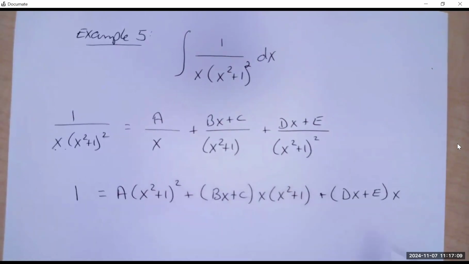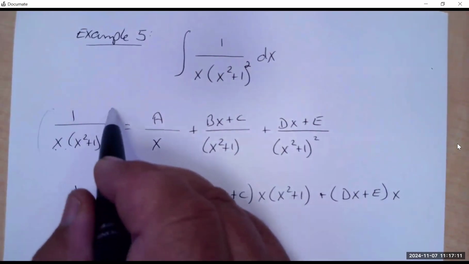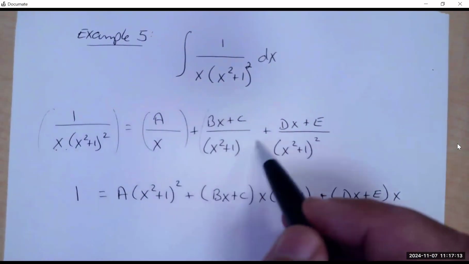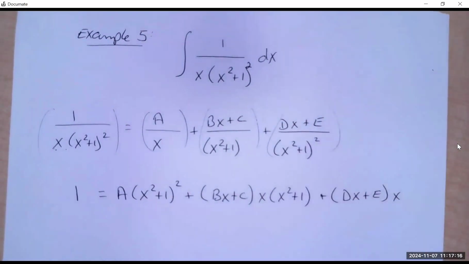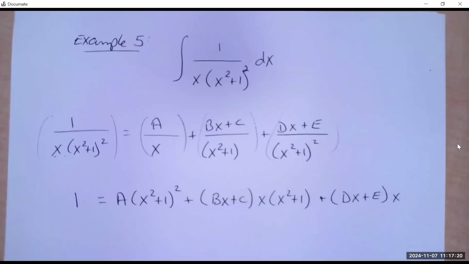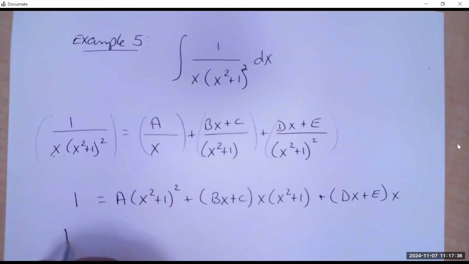Again, if you don't see what happened there, just put parentheses around each term and multiply by the LCD. Whatever cancels goes on the top. So we have to get rid of the parentheses.